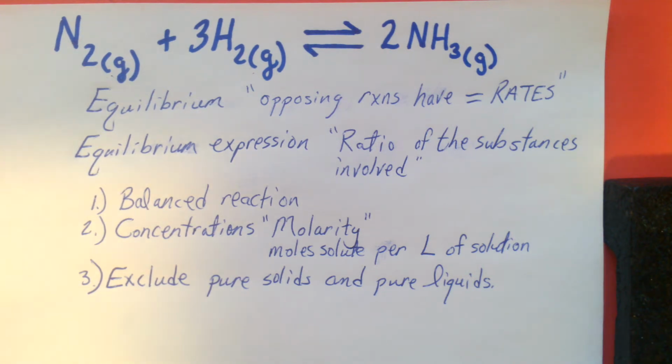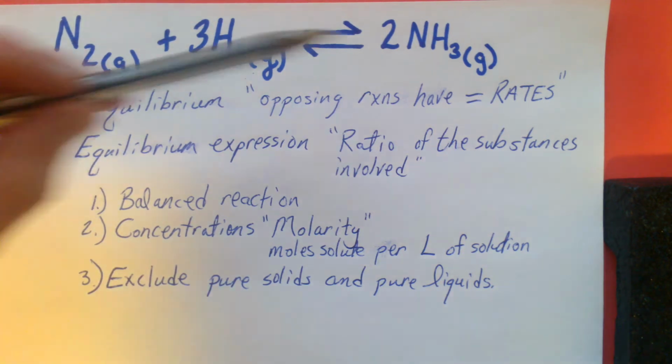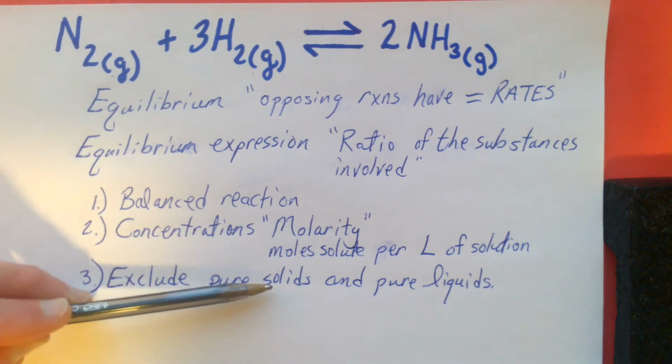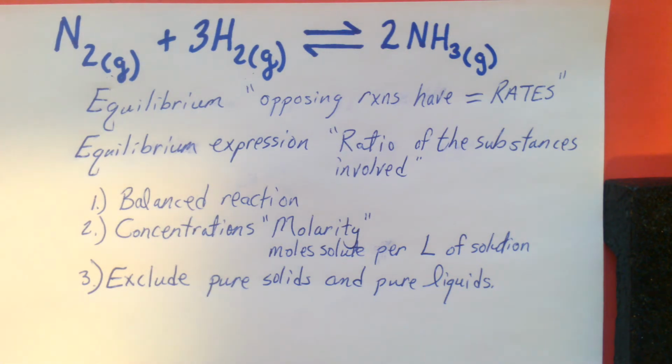Now, you might be asking yourself, why do we exclude pure solids and pure liquids? Go back to number 2. In the expression, concentrations of our substances are being expressed. That's the ratio, concentrations. Do pure solids and pure liquids have a concentration? Do they have a solute? Do they have a solution? Is there a solute and solvent defined?